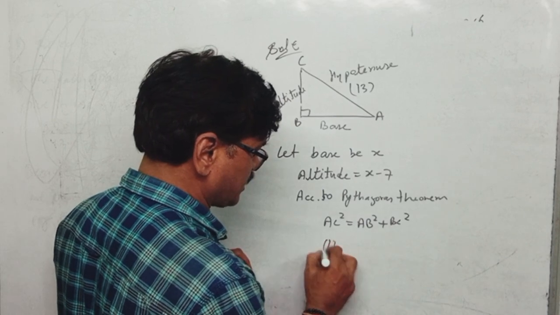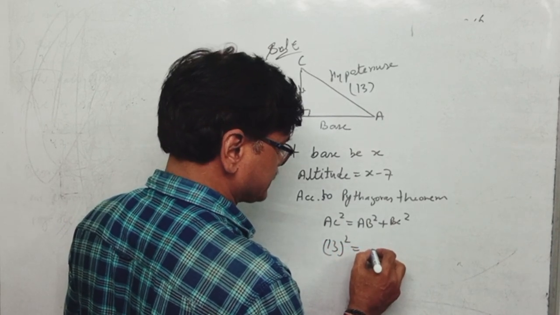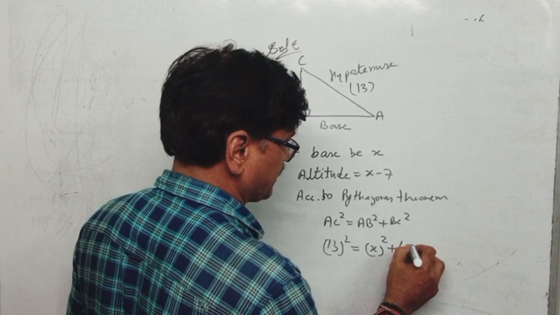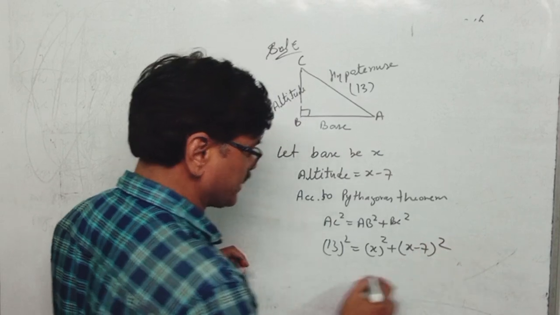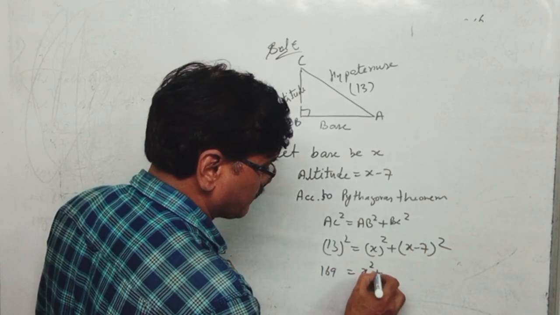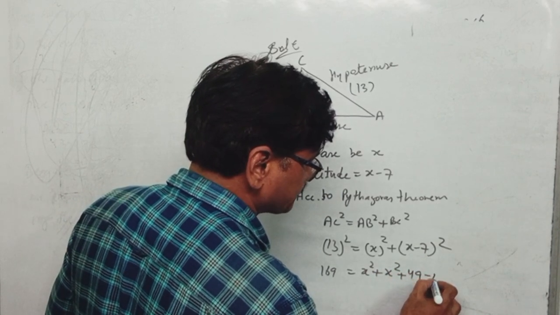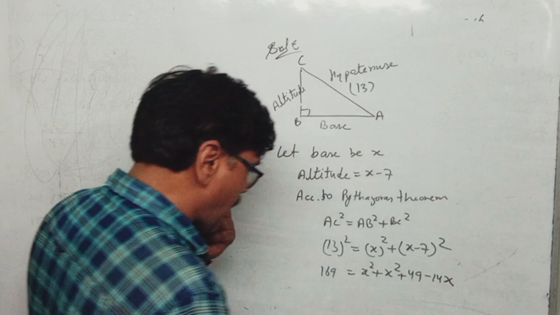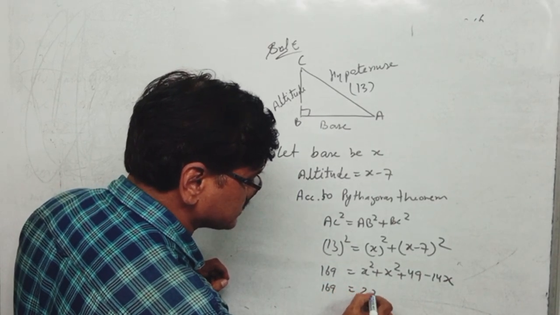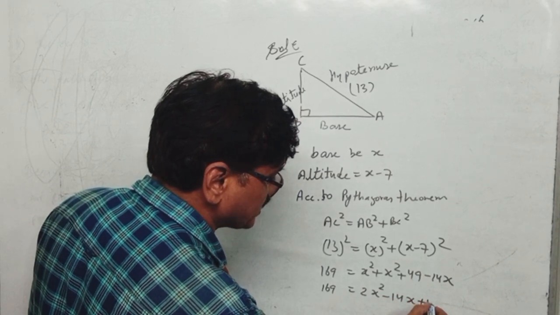Here 13 square is equal to AB, the base, x square, plus BC, which is x minus 7 whole square. Now look at this: 169 is equal to x square plus x square plus 49 minus 14x. So 169 is equal to 2x square minus 14x plus 49.